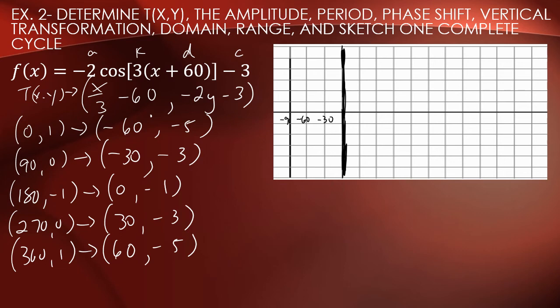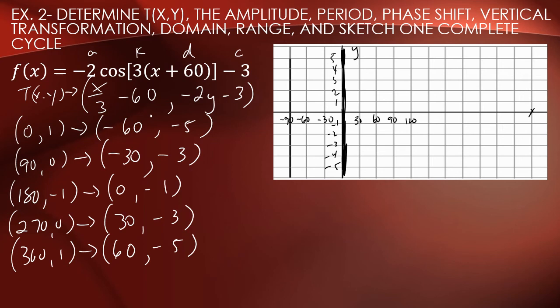That would be negative 90. 30, 60, 90, 120, and so on and so forth, going up by 30s. Looking at our y scale, we have to go as low as negative 5 and as high as 2. Negative 1, negative 2, negative 3, negative 4, negative 5, 1, 2, 3, 4, 5. That's x, that's y. We're ready to plot our points.